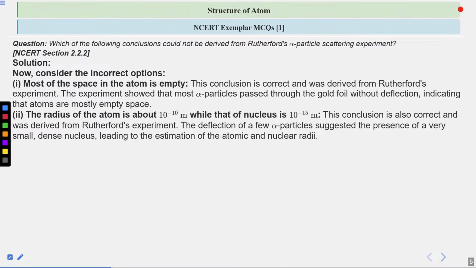Next, this was also in his model, in which he was describing the radius of the atom, which is about 10 to the power minus 10 meter, in the order of angstrom, while that of the nucleus was 10 to the power minus 15 meter.